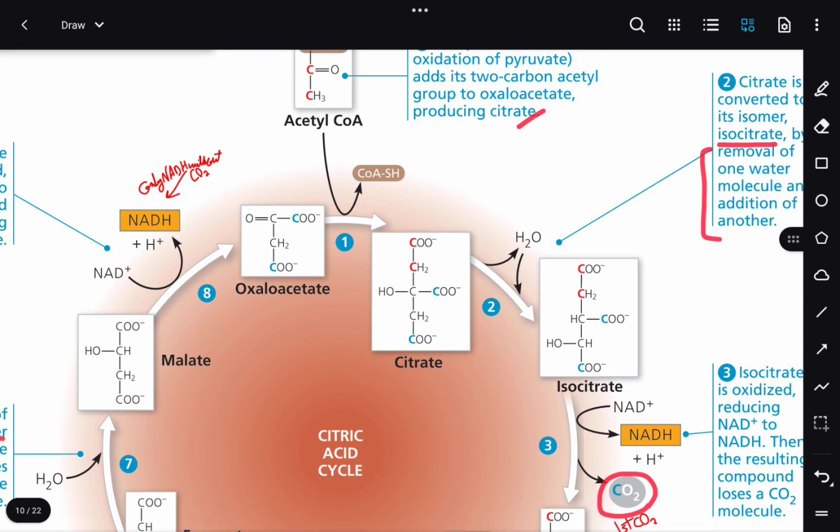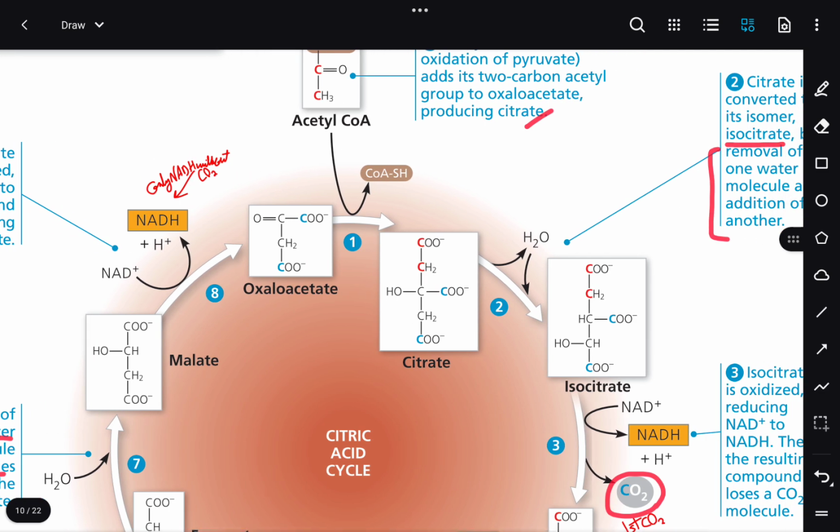What makes this a cycle is that oxaloacetate will always be present here, to combine with acetyl coenzyme A in order to produce the namesake citrate, citric cycle.